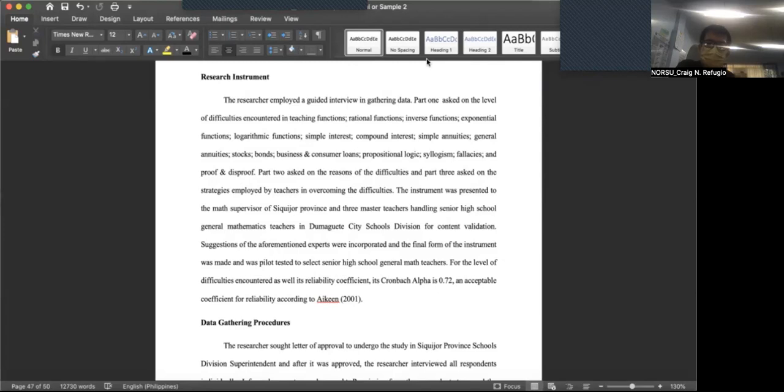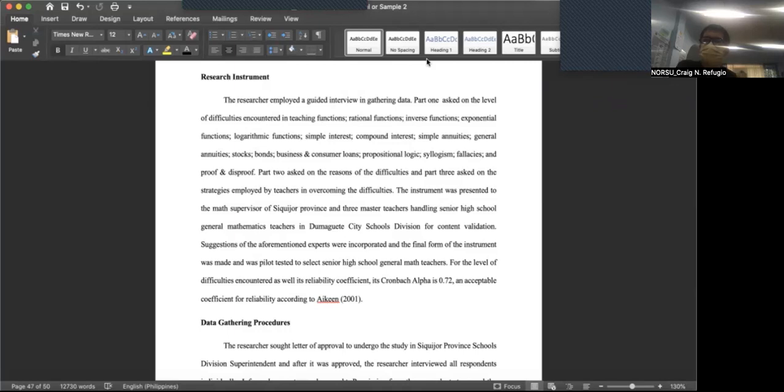What is the purpose of validating your instrument? You construct your own instrument based on the learning competencies, but you don't have the expertise yet. Why? You are still students. But these people, the math supervisors, the English supervisors, the master teachers, the veteran math teachers, the veteran English teachers, the veteran science teachers, have been teaching the subject.